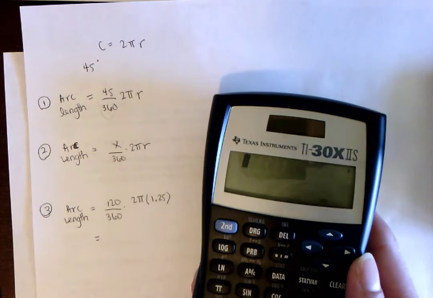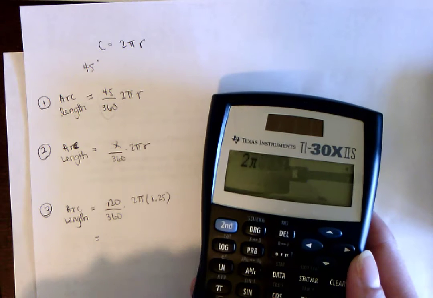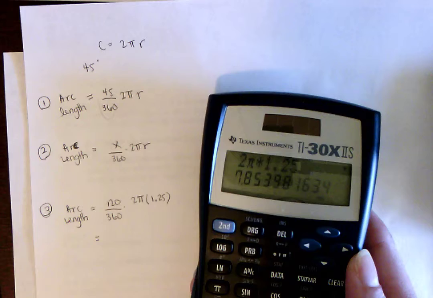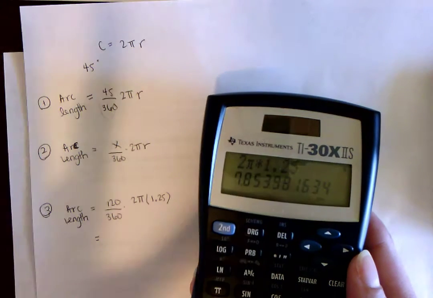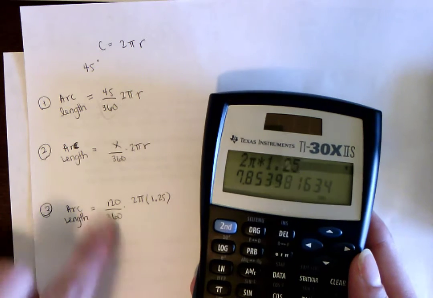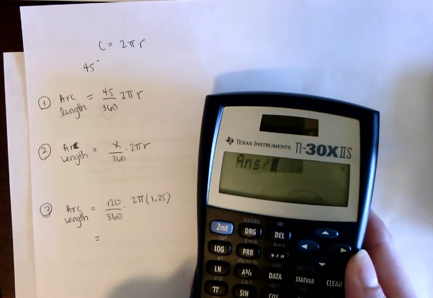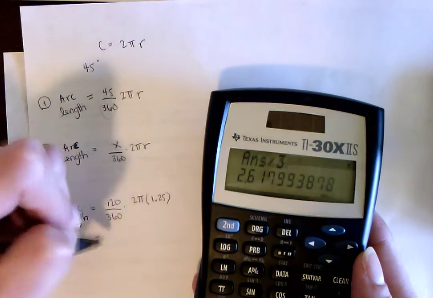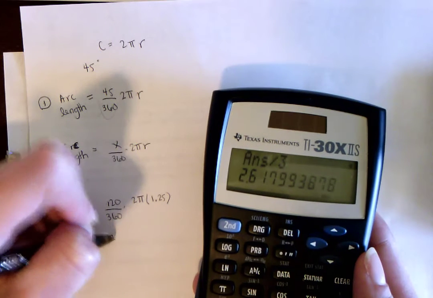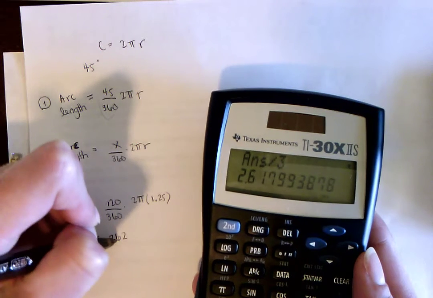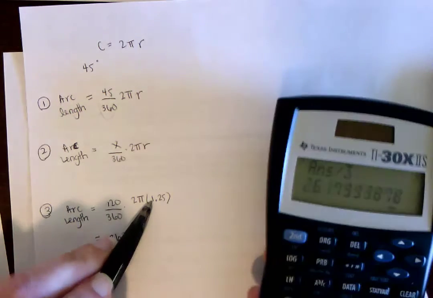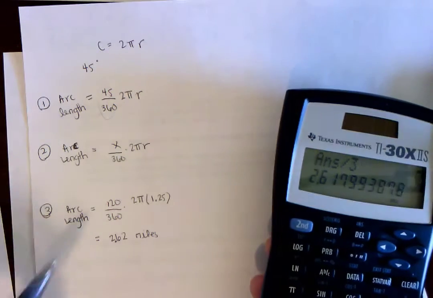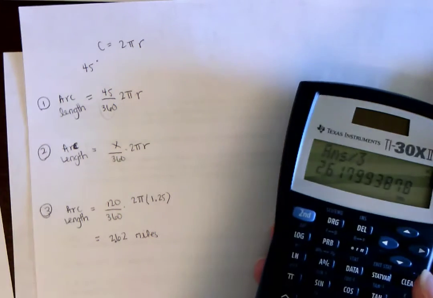So I'll start with 2 times pi times 1.25. That's 7.85. And then, again, this is a third, so I'm just going to divide that by 3. So 2.62. And remember, I used miles, so that means my answer is actually in miles. When I did my measuring, I used miles.